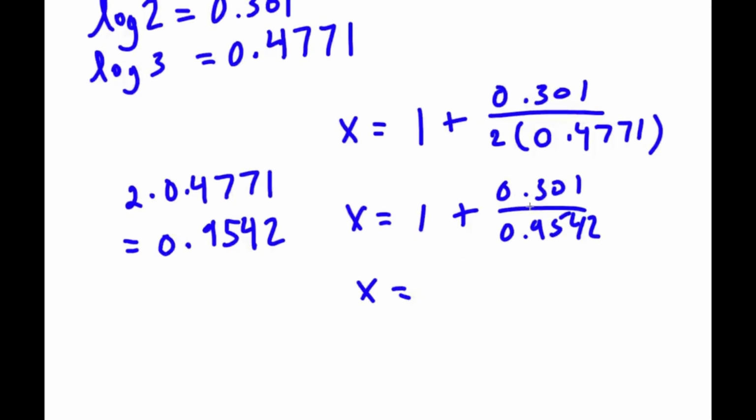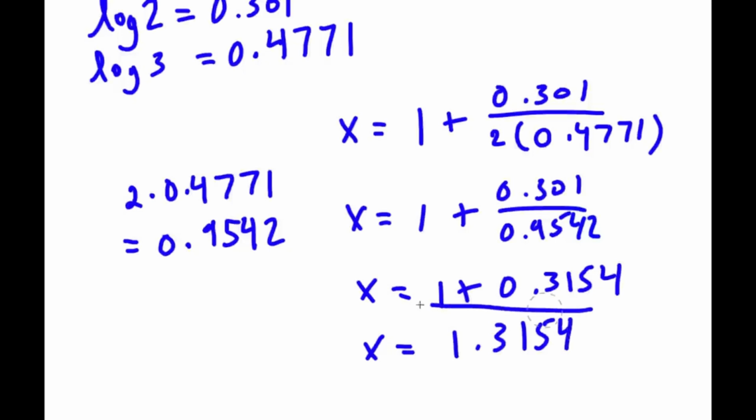Now I'm going to simplify 0.301 over 0.9542. This is equal to 0.3154. So 1 plus 0.3154 is simply 1.3154. So x is equal to 1.3154.